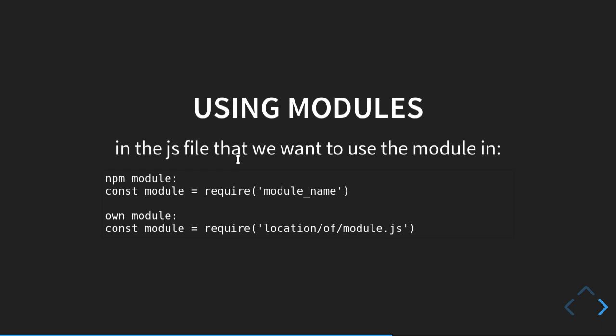But sometimes we're making our own modules, and when we are working with our own modules, we have to specify where it can be found. So we will tell it the location of the module in the correct folder and give it the JavaScript file, which is the module.